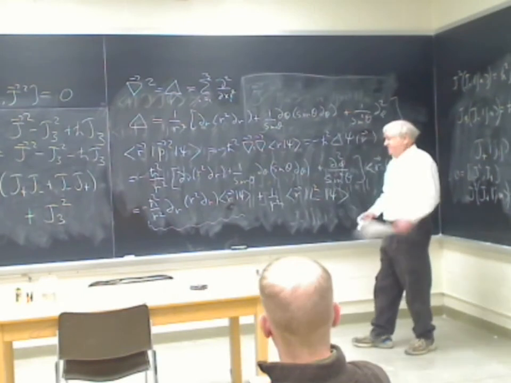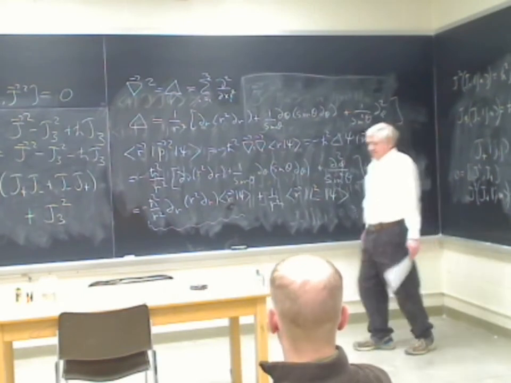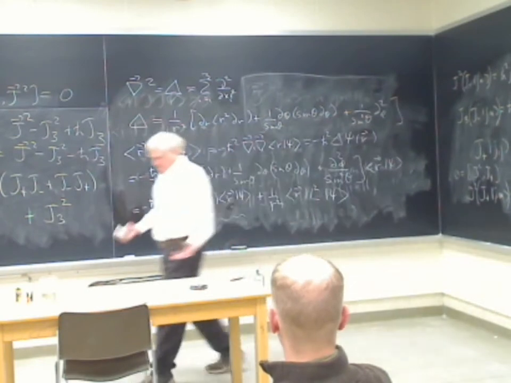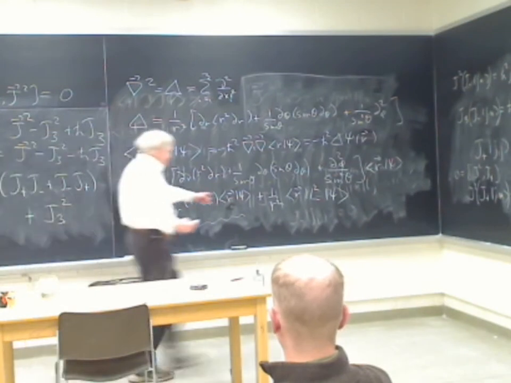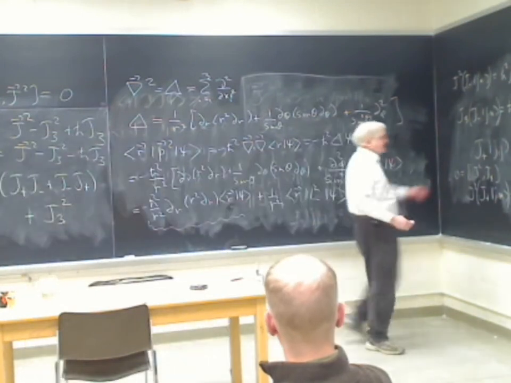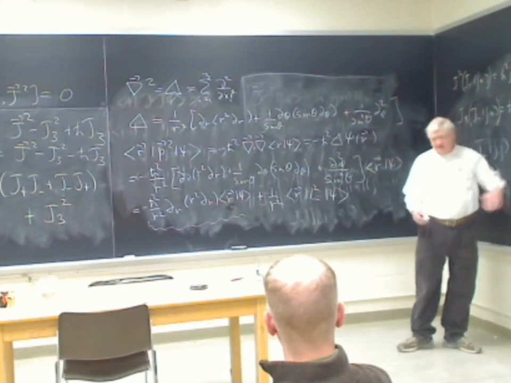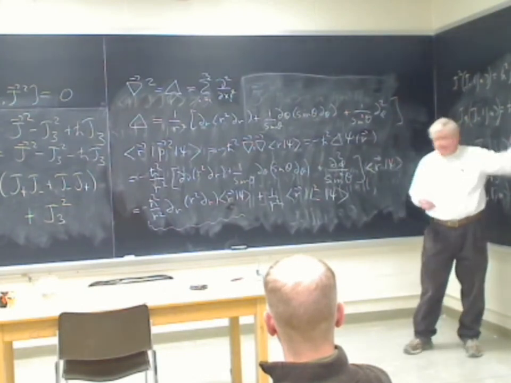And of course, if your Hamiltonian is spherically symmetric, then L squared will commute with H, and you can simultaneously diagonalize both H and L squared. In that case, psi can be a state labeled l, since it's the orbital angular momentum.